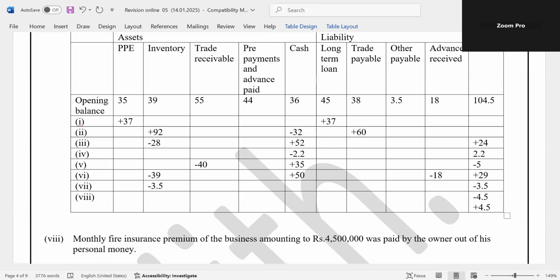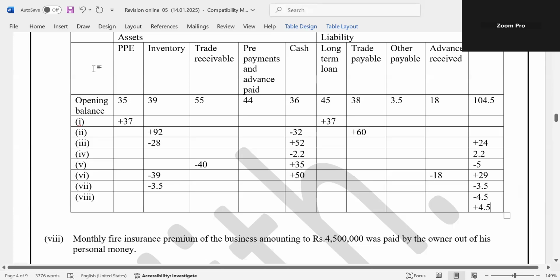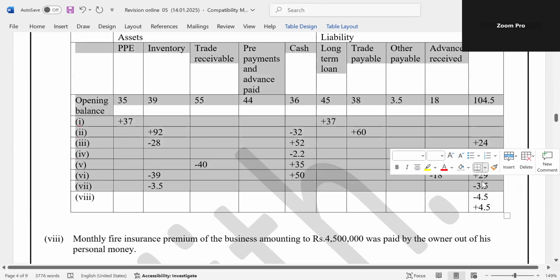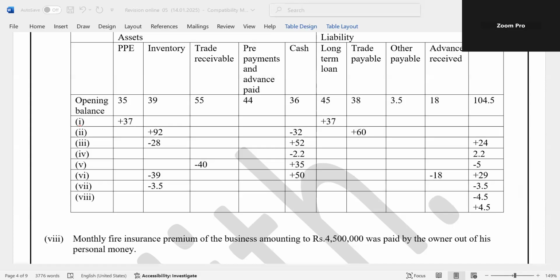Think next one, ninth one also. Read carefully, ninth one. There are 15 transactions.